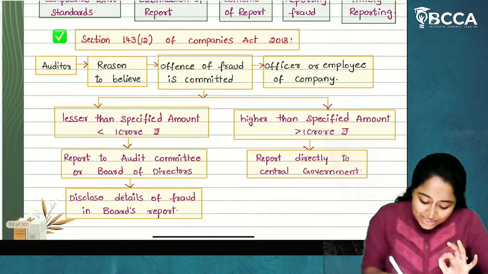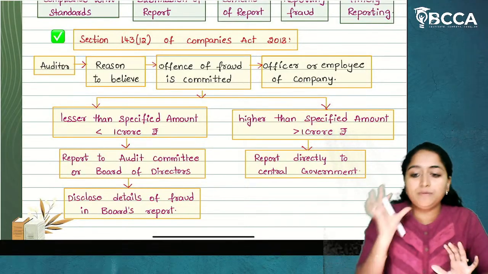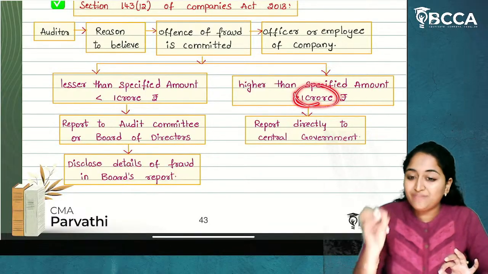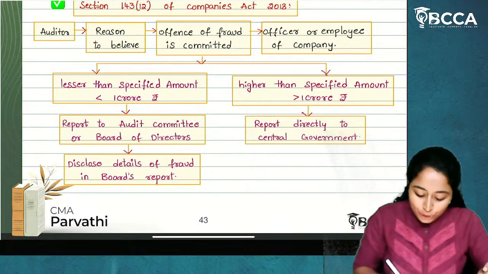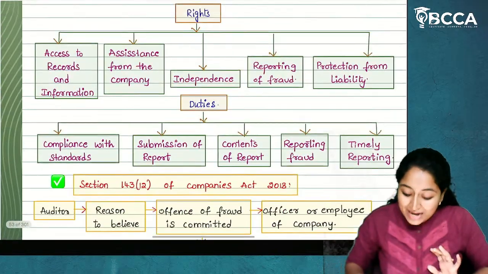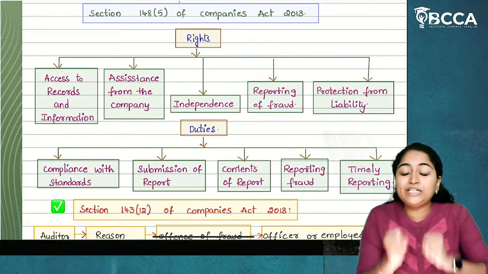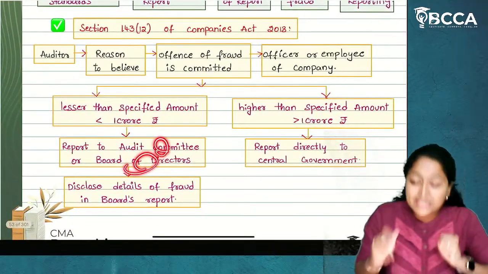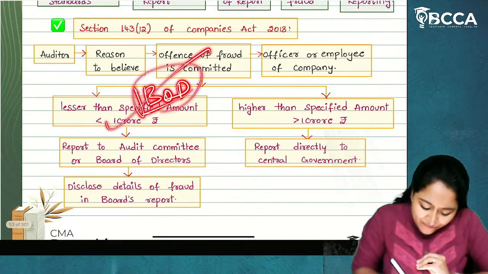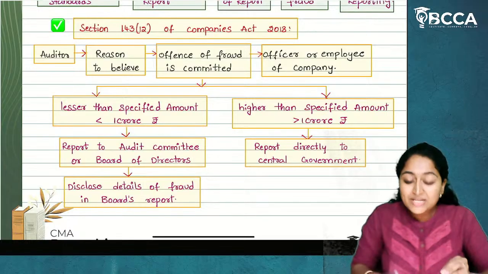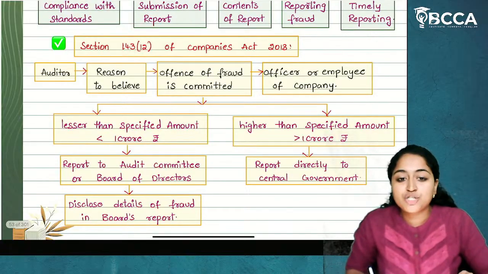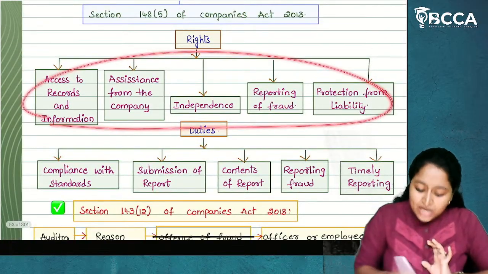No, because in section 143 subsection 12 there is a clear-cut provision that if the fraud amount is higher than the specified amount, which is more than 1 crore rupees, there is no need to intimate the board of directors or audit committee. The cost auditor can directly report to the central government, and as a right, he will be protected from liability from the board of directors and audit committee. If he is directly reporting it to the central government, the board of directors will not have any right to question the cost auditor, because he has been given the right of protection from liability under section 143 subsection 12. I hope it's clear. These are the rights of the cost auditor.